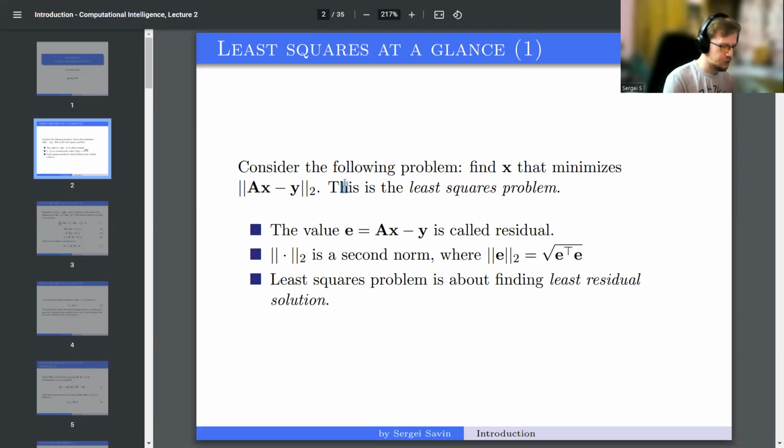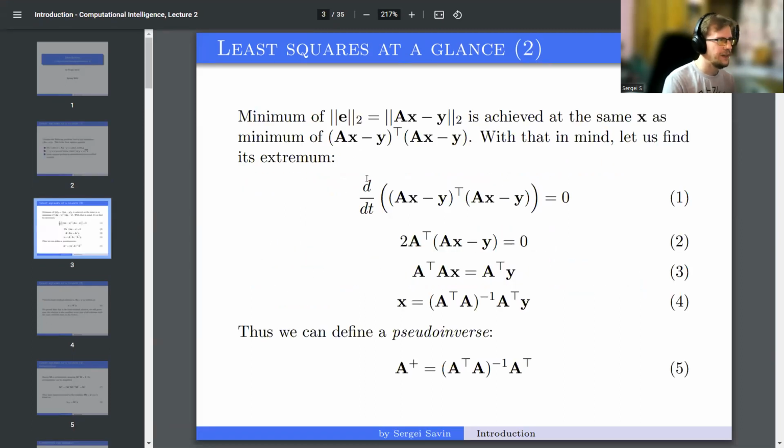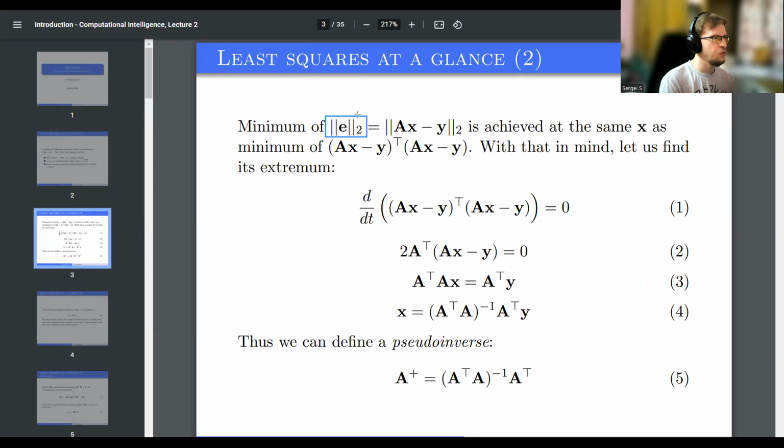This problem has an analytical solution, so let's find it. So the minimum of e squared. So the minimum of this norm, second norm, right, is achieved at the same time as the minimum of this function is achieved. Why? Well, because the square root doesn't change where the minimum lies. So the minimum of the square root of x is the minimum of x.